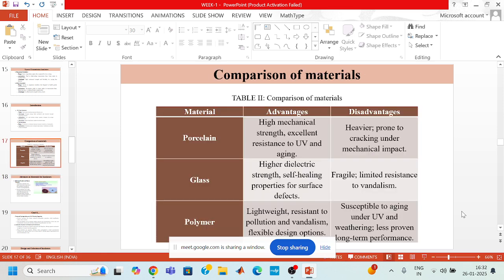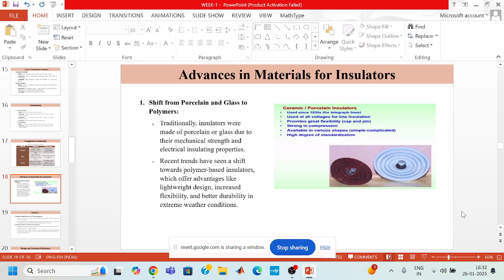There is some advancement in materials for insulators, as we are shifting from porcelain and glass to polymers. Ceramic or porcelain insulators have been used since the 1830s, when telegraph lines began, and are used at all voltages for line insulation.